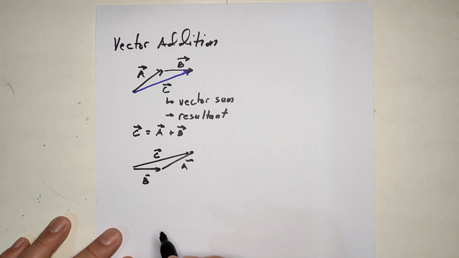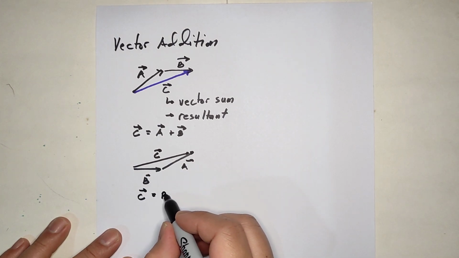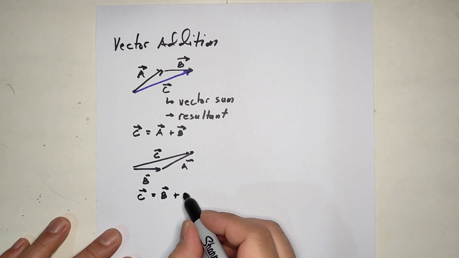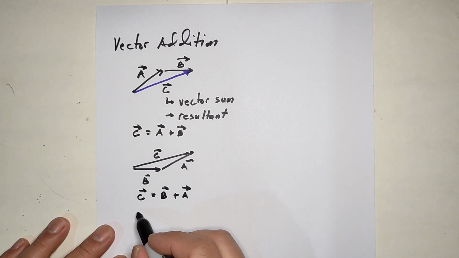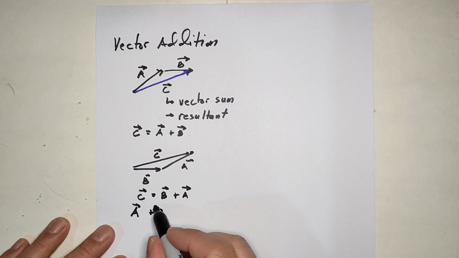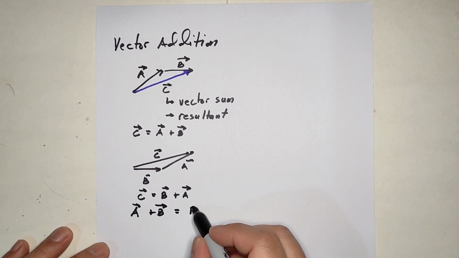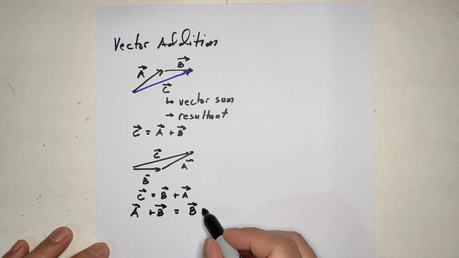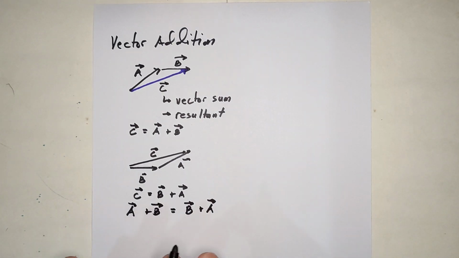Now with that, we could say that C equals B plus vector A, or A plus B equals B plus A. So even though it is reversed, they have the same value.